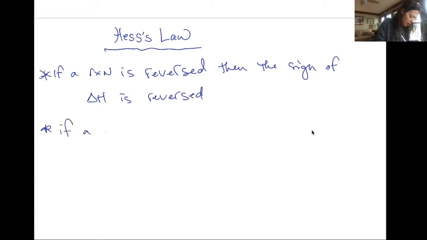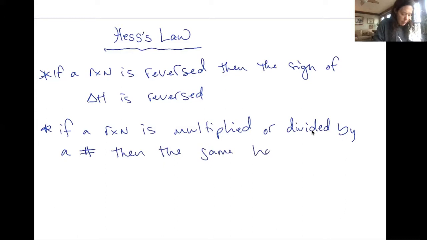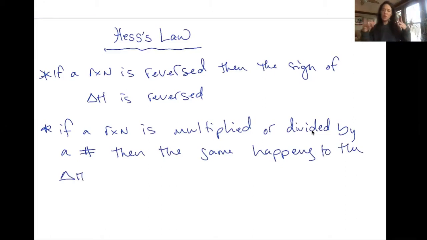If a reaction is multiplied or divided by a number, then the same happens to the delta H. All right, and the easiest way is just to jump right on in.